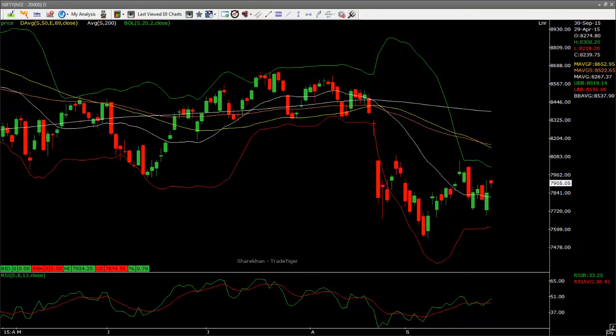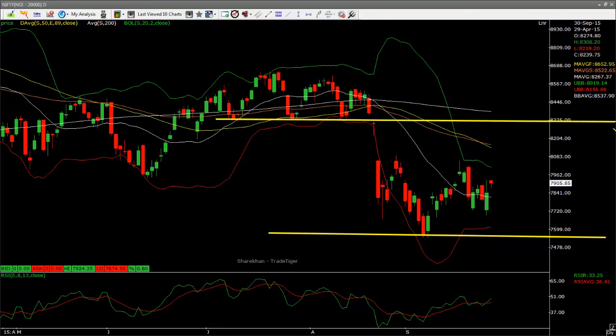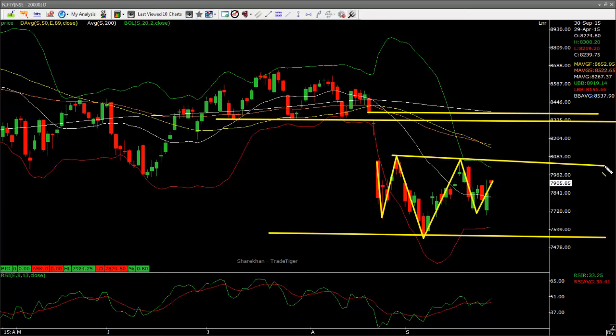I'm just going to clear these tools and I'll draw fresh again for you. So here's our support, 7,500, and here is the level of resistance. Obviously this is a gap, this where it closed and then it gapped down, we couldn't fill, and then we gapped down again. And if we see, I don't know whether you guys trade patterns, but this is an inverted head and shoulder, and this is the neckline.